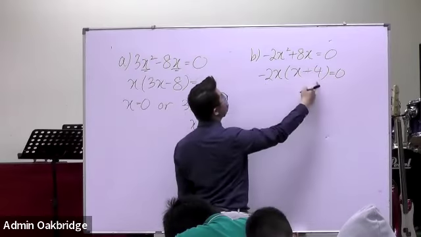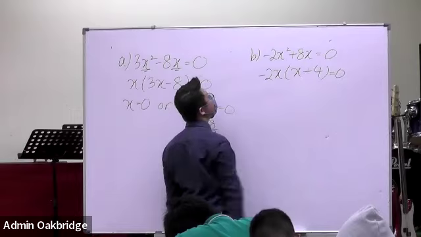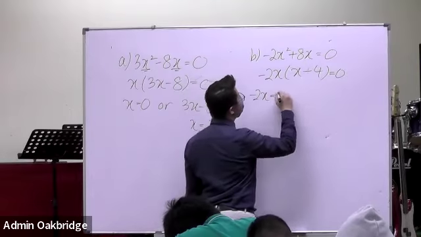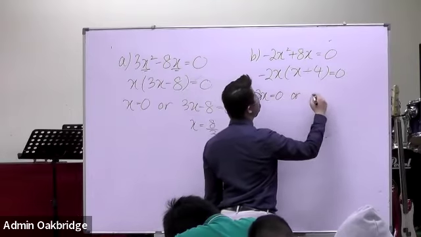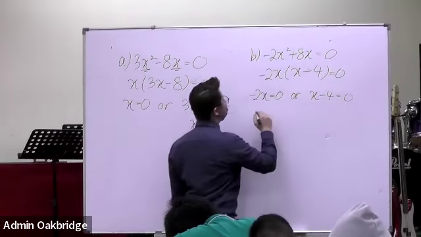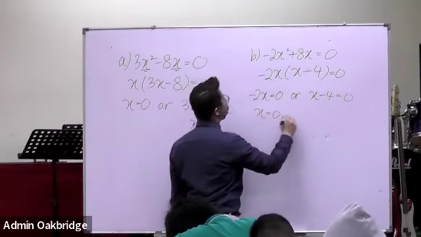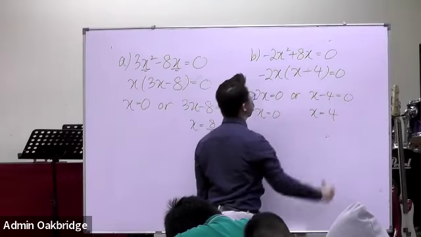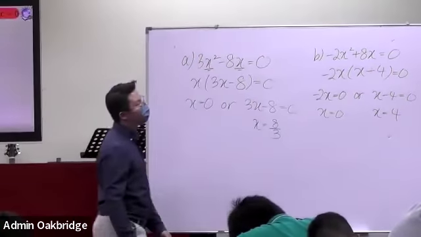Minus 2x times minus 4 gives you positive 8x. So now you know that minus 2x equals 0, or x minus 4 equals 0. So x equals 0, and x equals 4. This is how you solve it.